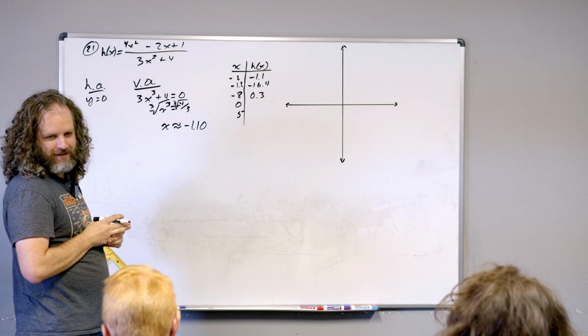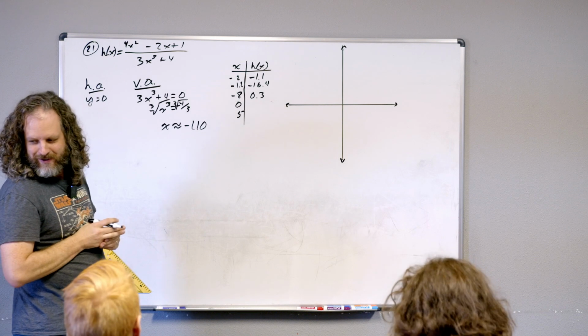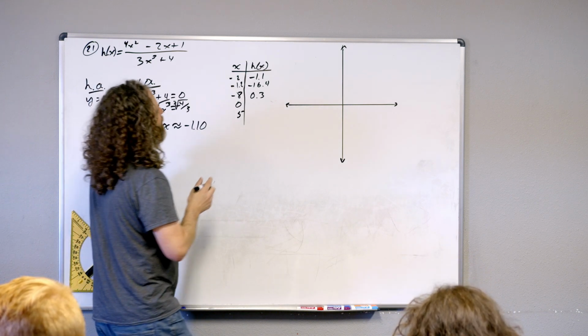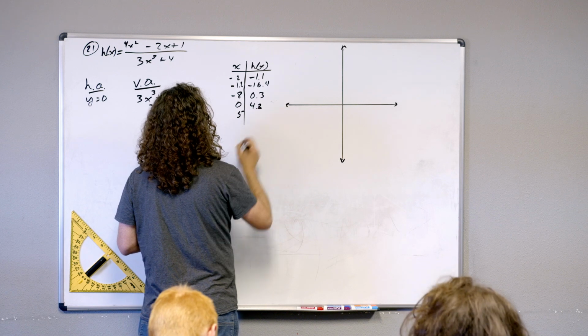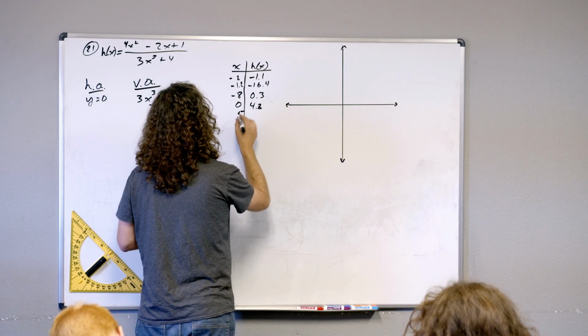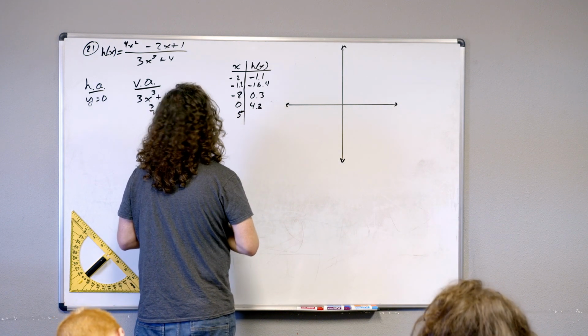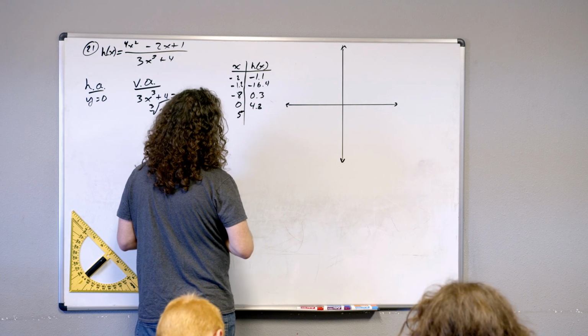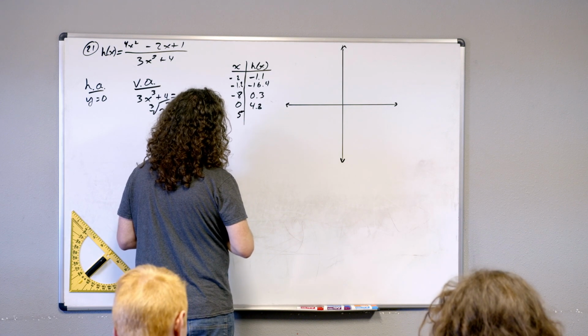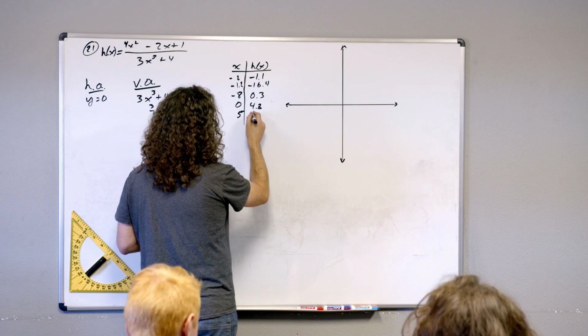Okay, 4.25. Wait, let's double check y'all's two things. 4.25? And then 5 is what? 0.01847.